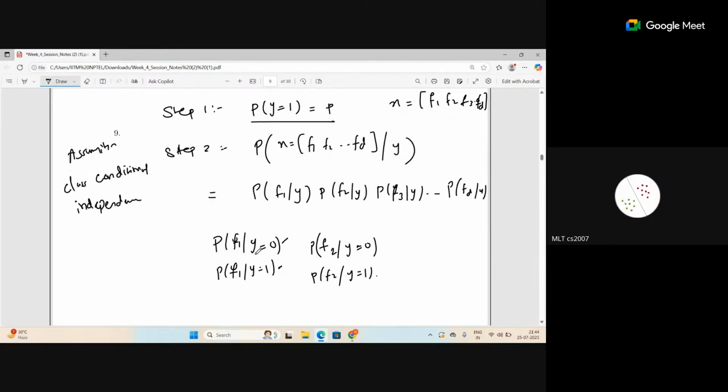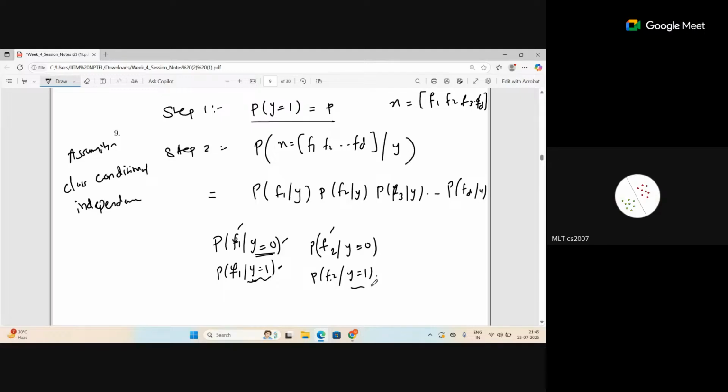If I say that given the class y equal to 0, the features f1 and f2 are independent of each other given this class. So y equal to 1 is a class and y equal to 0 is a class.